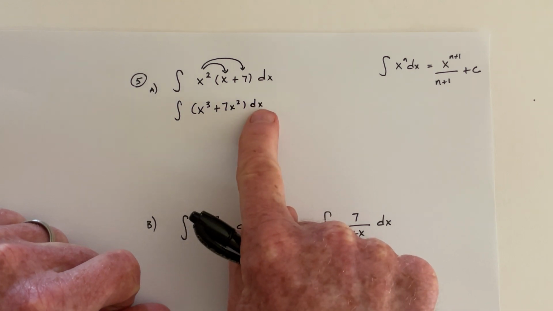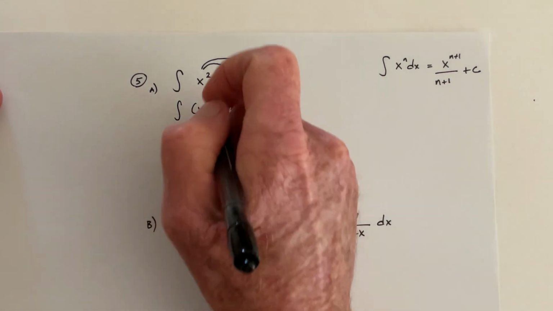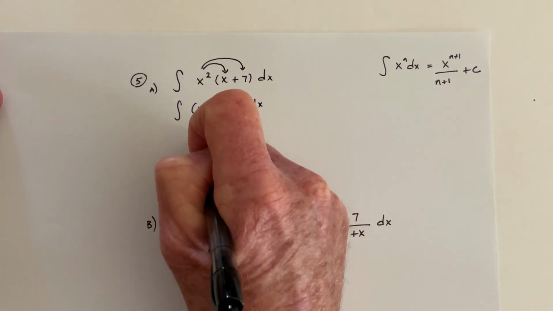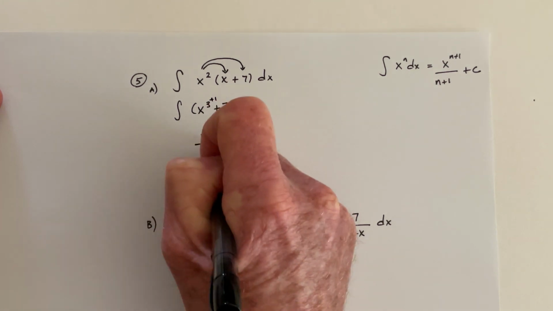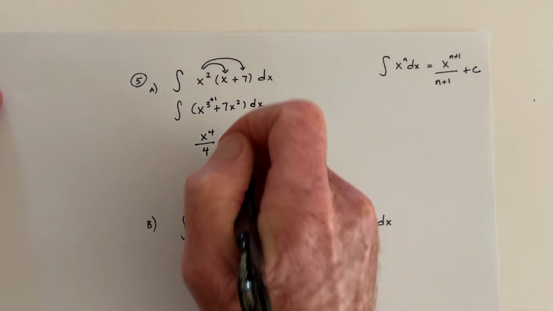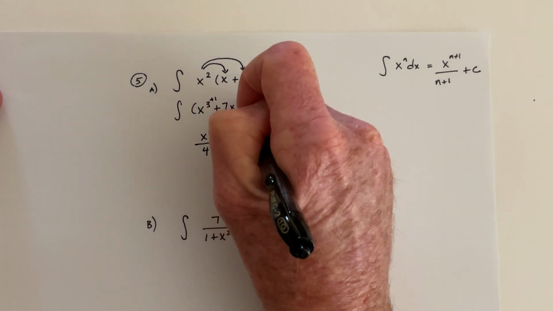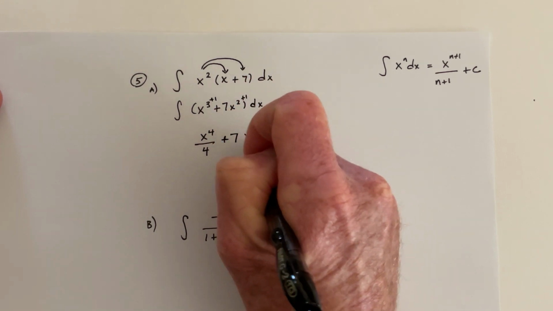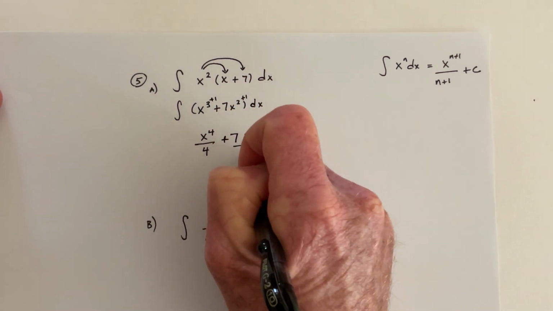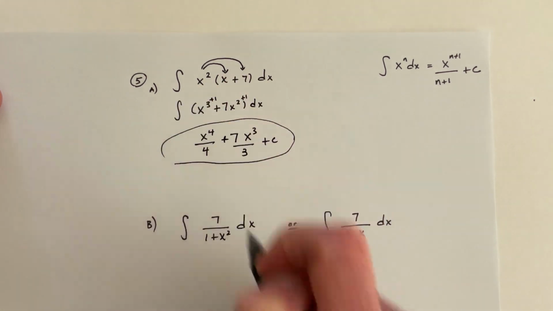And part of what this is doing is telling you that x is the variable. So now just use this. So add 1 to the exponent, that becomes x to the 4, then divide by that number. And we're done with the first one. Next, the 7 can just sit there, and you add 1 to the exponent, which becomes x to the 3, and then you divide by 3. And then at the end, put a plus c, and that one's done.